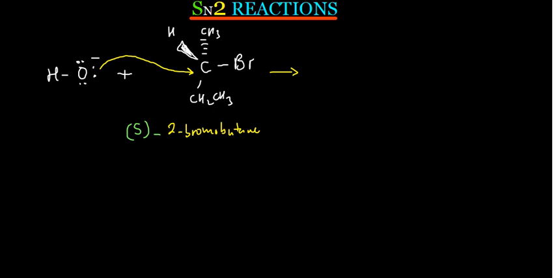What we are going to see is a partial bond formed with this one, and this bond is partially broken before the final product. So we are going to see something like this. We see the HO partially bonded to the carbon, and this one is also partially bonded to the bromine, and the rest are still there.